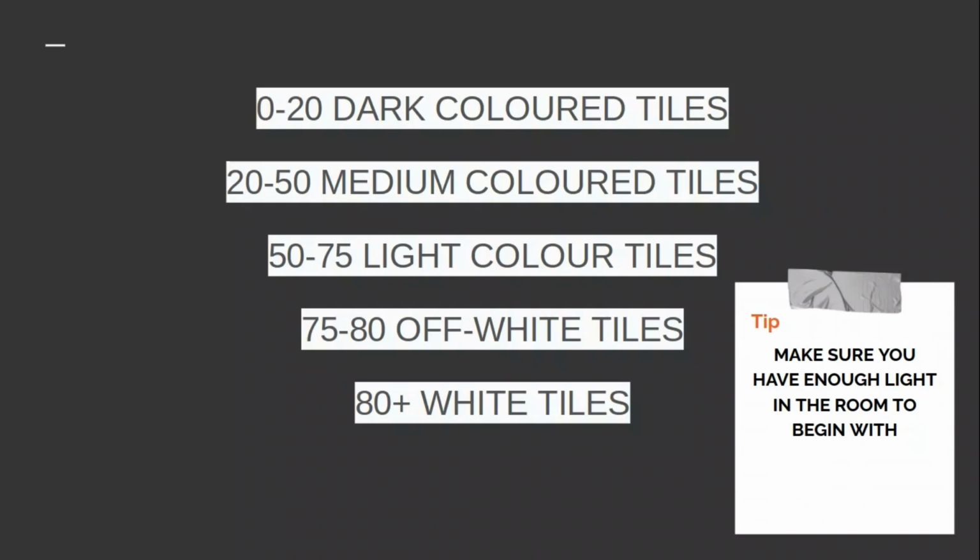These are going to have a lot of the lighter tones of the colors that we might be seeing in the dark or medium color tile. So if it's blue, if it's red, we're going to see the lighter version of those colors in this category.